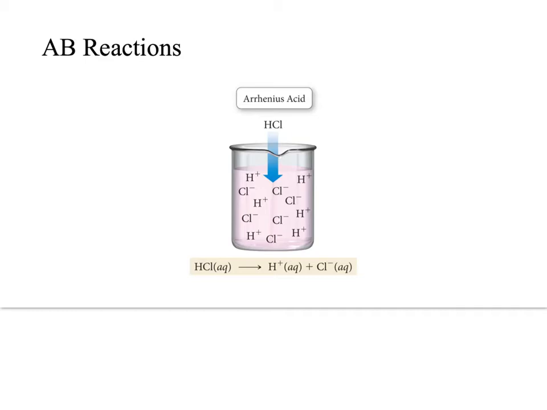In section 15.1, we defined an Arrhenius acid as one that produces hydronium. Remember that these two terms, H positive or H3O positive, are equivalent. So an Arrhenius acid produces hydronium in water.